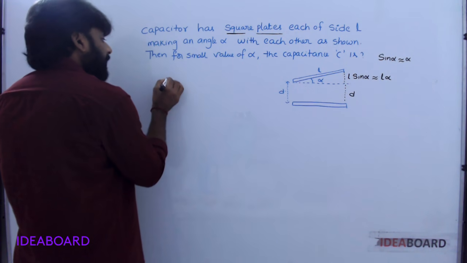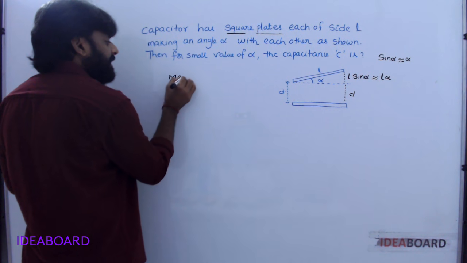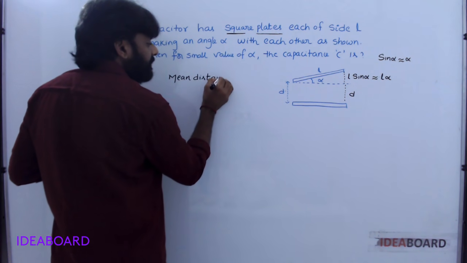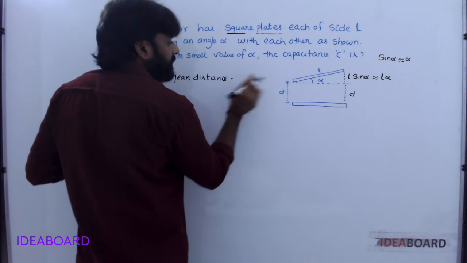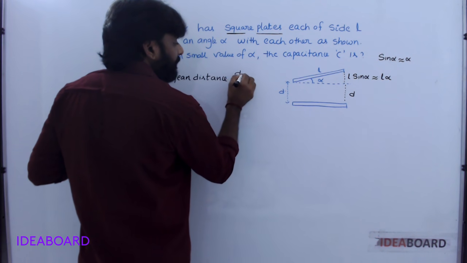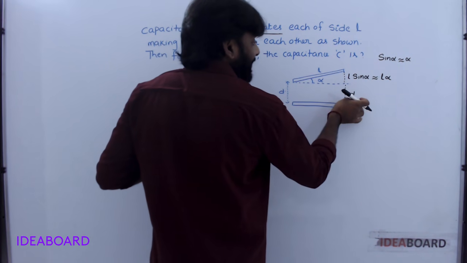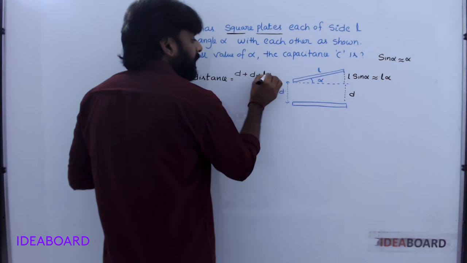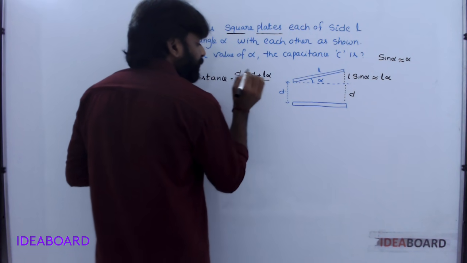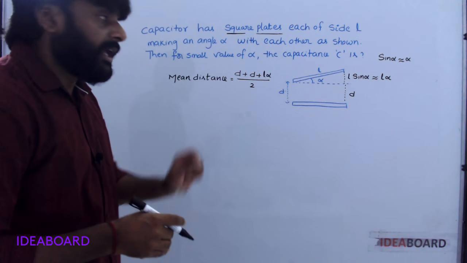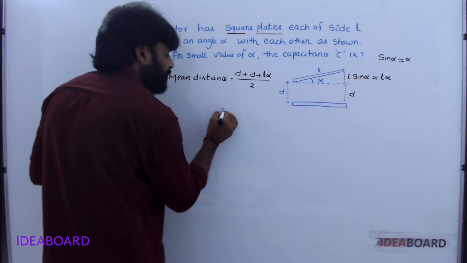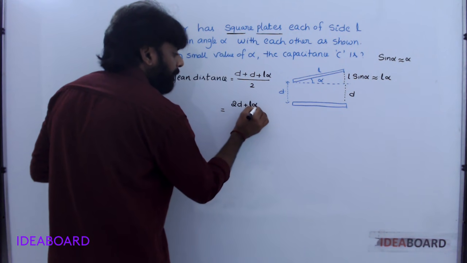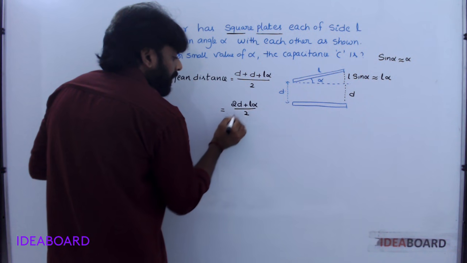Understood? First of all, consider the mean distance. The mean distance is one side D plus another side D plus L alpha, divided by 2. That is 2D plus L alpha by 2.